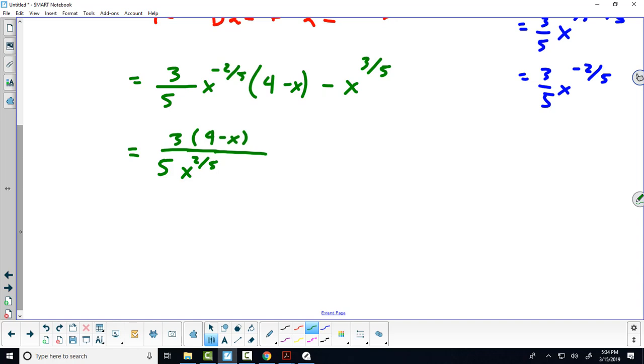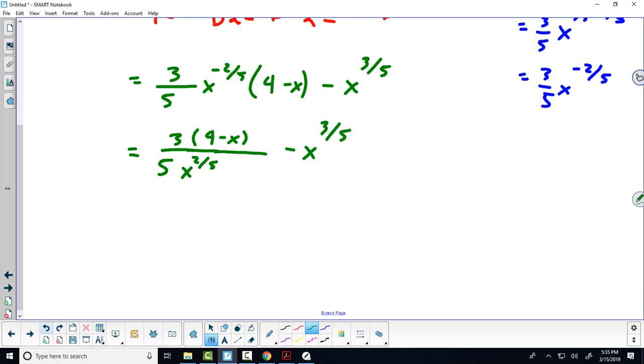All I've done there, folks, is rewrite this term. I brought this x term down below the line, and when I did so, I changed the sign on its exponent. And then I multiplied the 3 through this parentheses term here. Minus x to the 3/5. So what have we got?